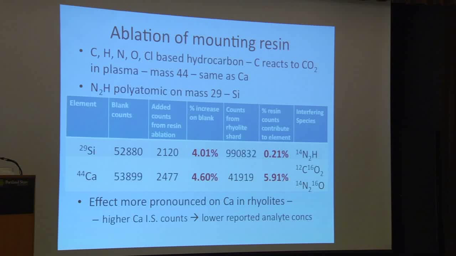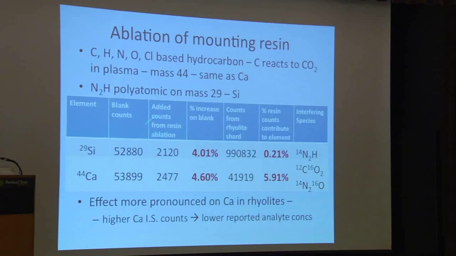Nitrogen also reacts, and we get a big nitrogen blank on silicon, but you get nitrogen here, mix it with hydrogen, you get mass 29 at silicon. And this table shows some numbers for running just silicon and calcium in resin blanks that various people sent me. These are averages of a few different types of resin. The typical blank, we would get maybe 50,000 counts or so when we're not running a sample through the instrument, when we're just ablating, when we're just measuring the gas that runs through it.